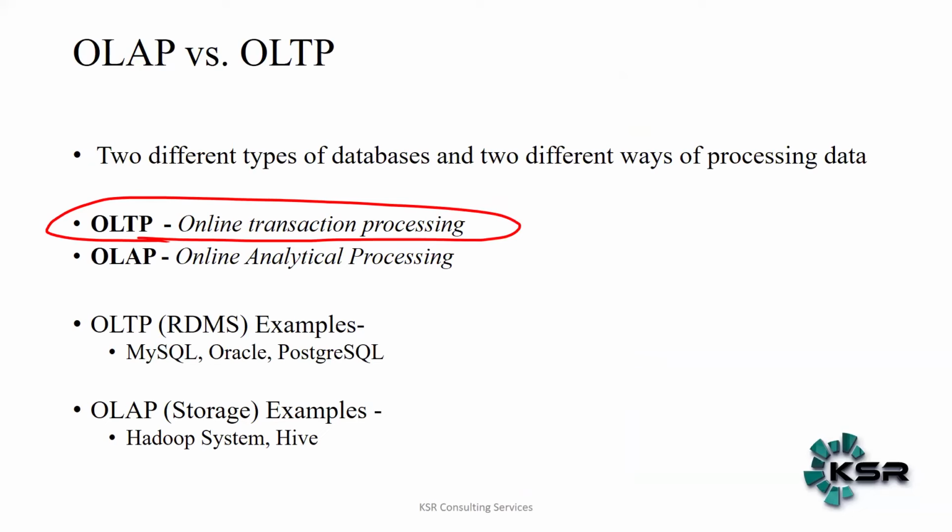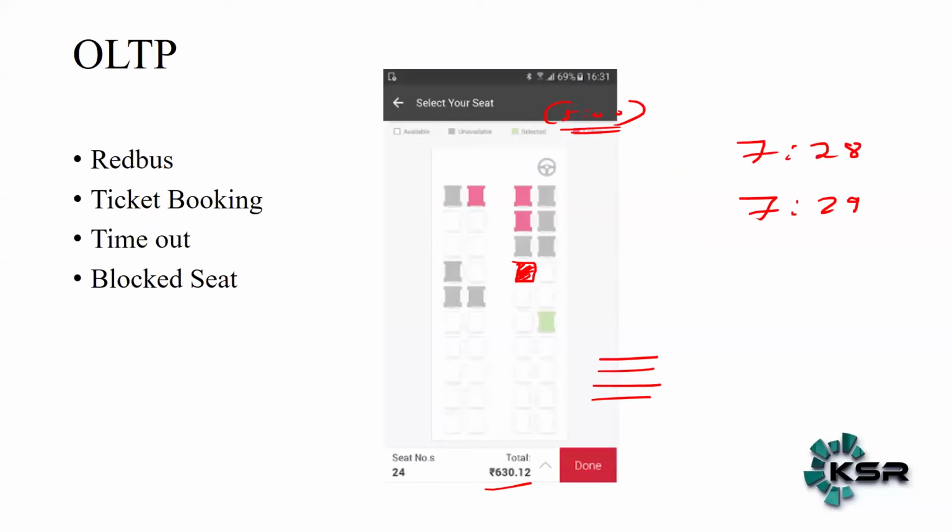The moment you go and pay, that 630 rupees will be debited from your account and credited to the vendor, that is nothing but the bus owners, and the transaction has to be complete. This type of immediate transaction, we call it online transactional processing. The short form is OLTP. The immediate transaction has to be recorded, correct?